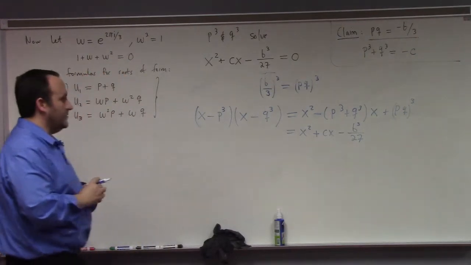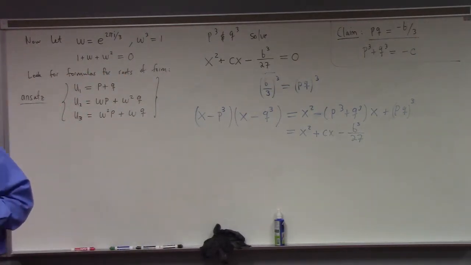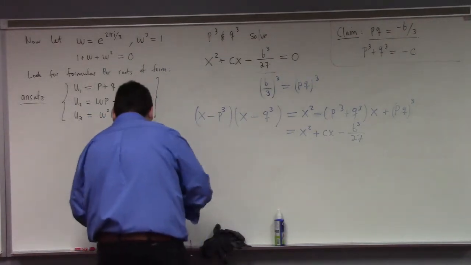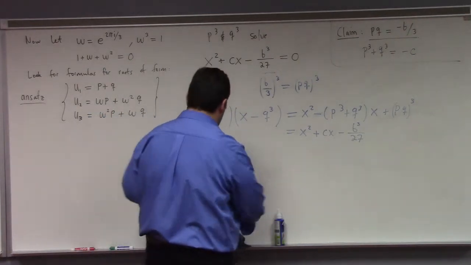Now we're in business because we have done what? We've traded our original cubic problem for the depressed cubic, and then now for a corresponding quadratic, right? And we can solve a quadratic equation. How do we do it? Let's see here.